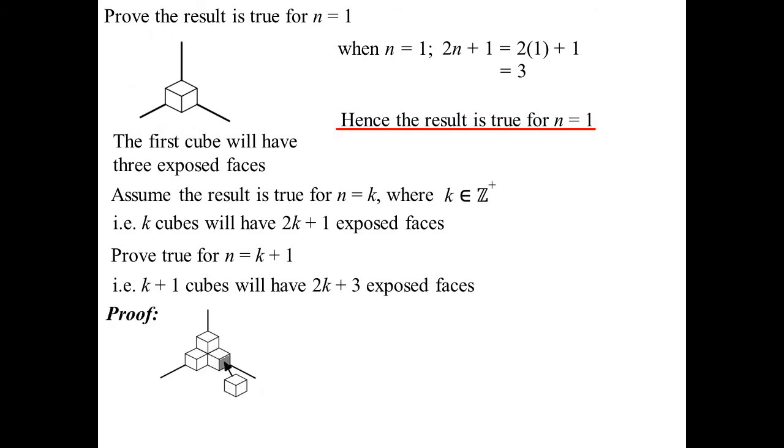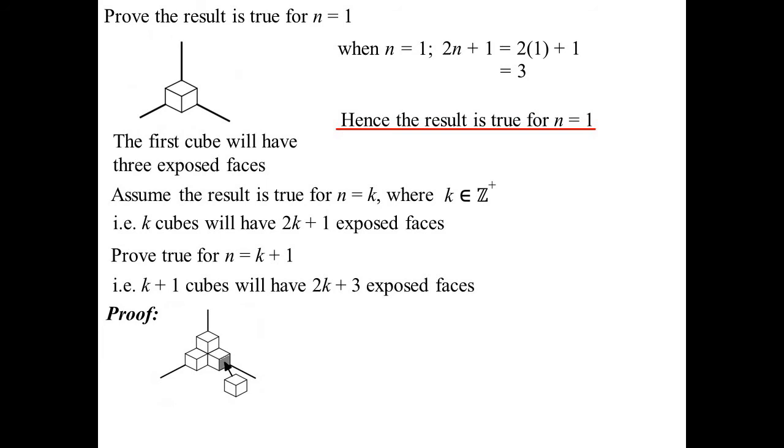Here's my proof. And I'm doing it with a picture to help. So in the corner there, I'm saying I've got k cubes. And there's my k plus 1 cube that I'm going to add to it. Now, it doesn't really matter where I add it, because of symmetry, it'll result in the same thing. Because I can always turn the picture and get the same thing. So it doesn't matter where I put the cube. I'm going to put it on the end of that row there.